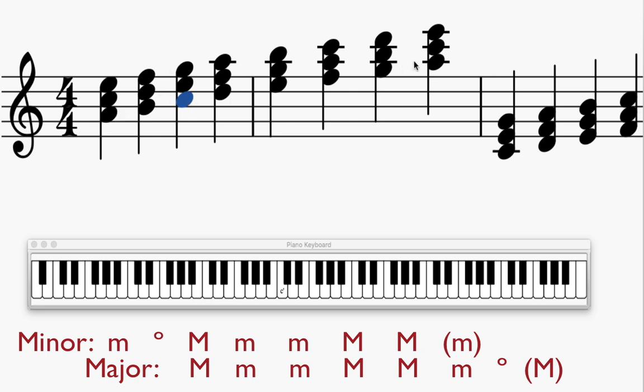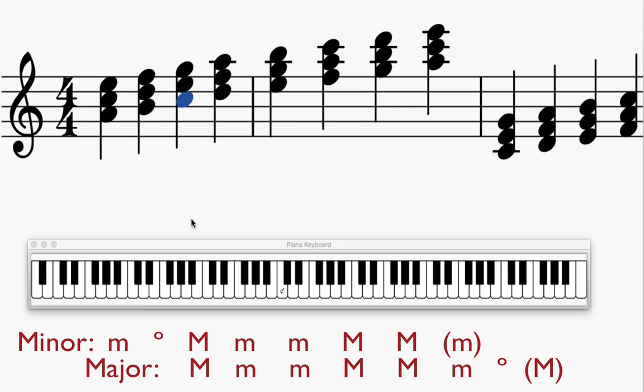Start up here, count it up, cycle back. It's the same pattern. So when we look at the minor diatonic chord progression, it looks like a whole new pattern, but it's actually not. It is the major pattern that we already know, but we're just starting at a different spot.